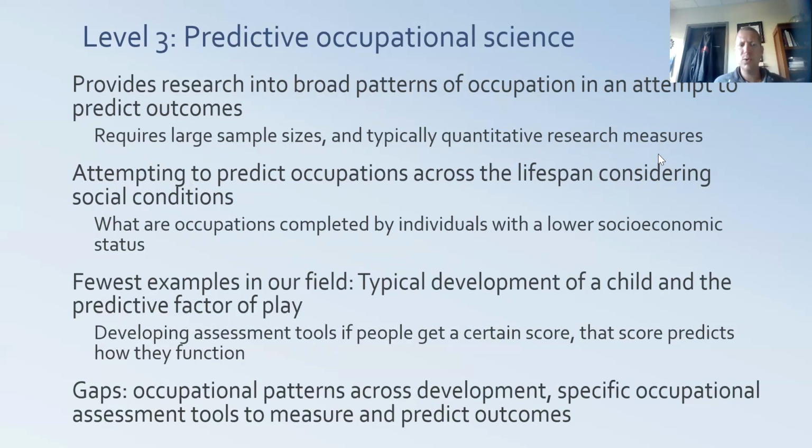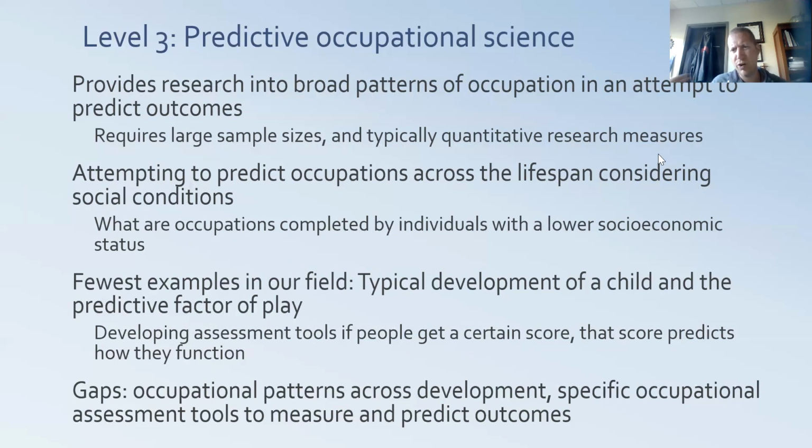We do have some studies already looking at theories of play. But we're really trying to develop standardized, norm-referenced assessment tools that help us acquire a certain score, and if we know what that score is, we can interpret it to predict some level of functioning.